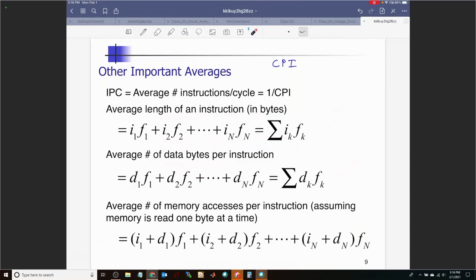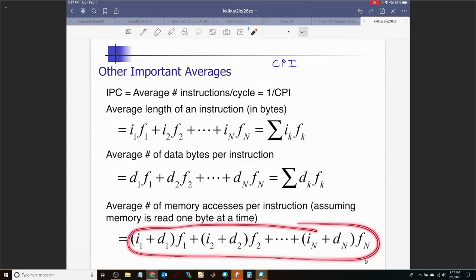However, if you wanted to complete one instruction, consider memory accesses per instruction. When you do a memory access, you do it not just for the instruction, but also for the data. So for each instruction, you would look at I1 plus D1, weighted, I2 plus D2, weighted, and so on. So this is just for instruction, this is just for data for that instruction, and this is for the memory accesses per instruction.